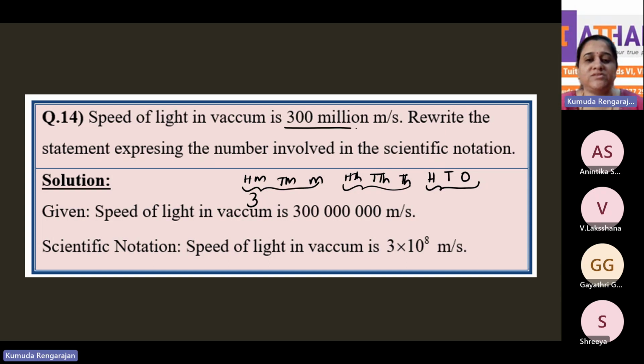So this one is 300 million. Under 100 million, we have the digit 3. The rest of it is 0. And now this number should be written in the scientific notation, which is this.